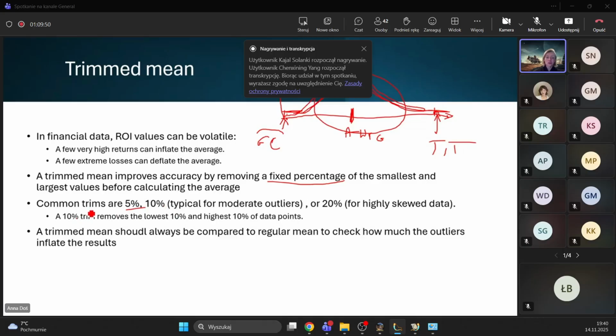After the trim is done and the observations are removed, the arithmetic mean or geometric mean is calculated for the remaining observations. This is the trimmed mean. It will always smoothen the results, however, it will be calculated based on a smaller number of observations.